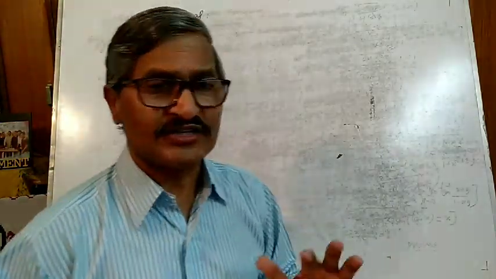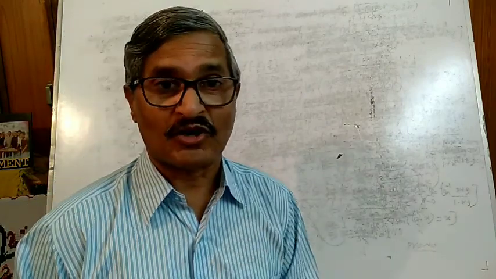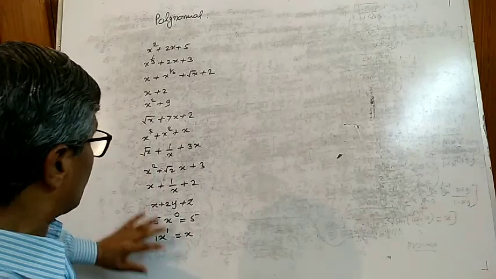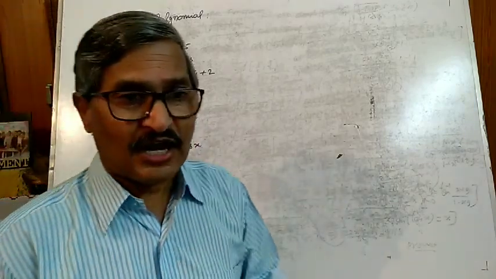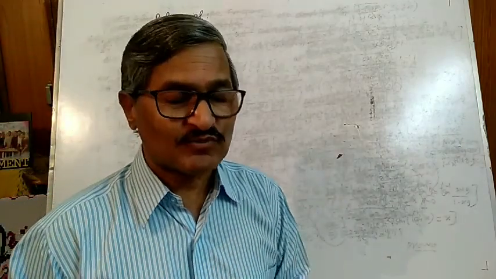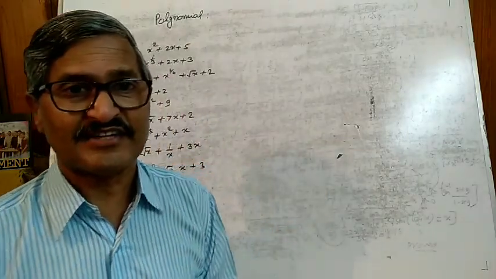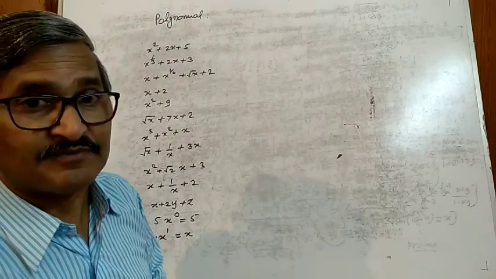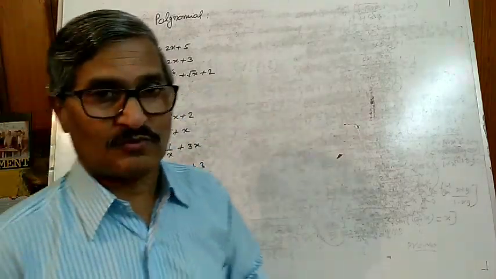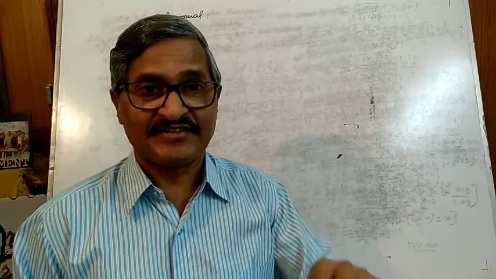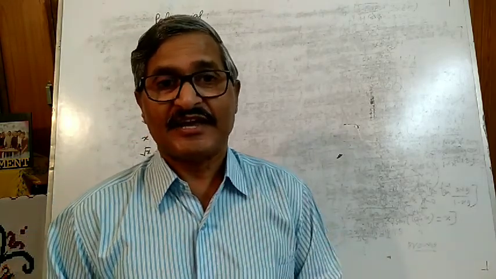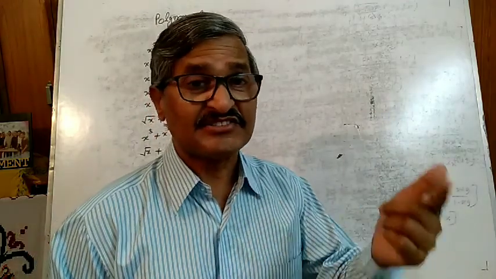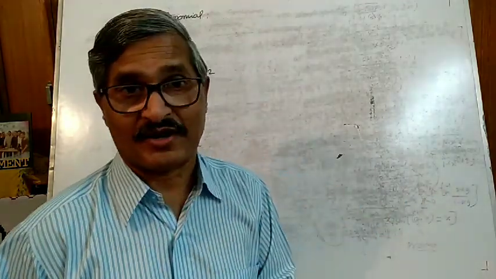Now I am going to give the definition of polynomial. These all are algebraic expressions. Out of these algebraic expressions, there is a specific type. These algebraic expressions are not all of the same type. So polynomial is that algebraic expression in which the variable of every term has its exponent as a whole number.